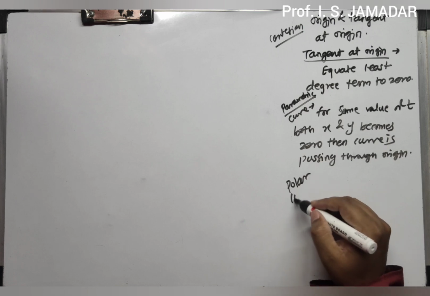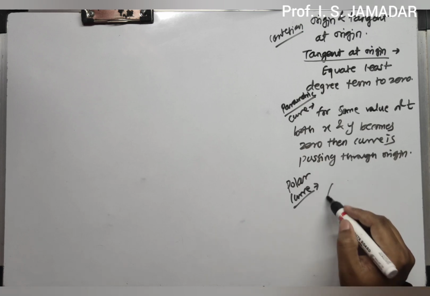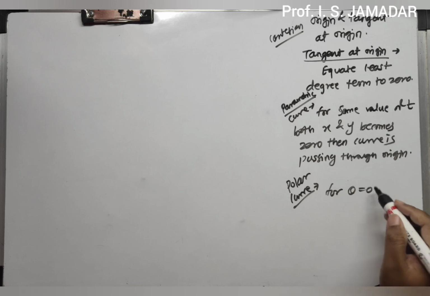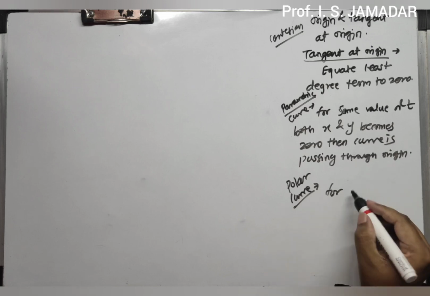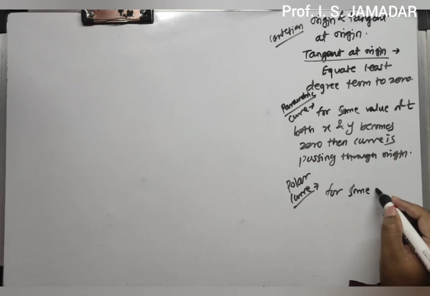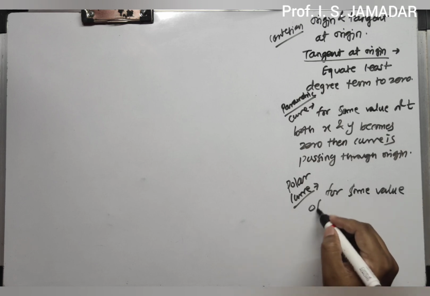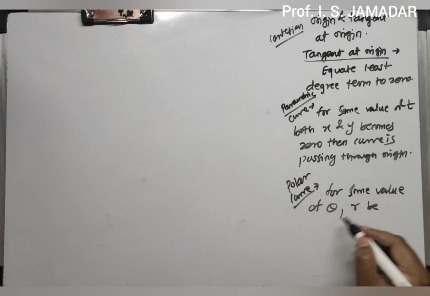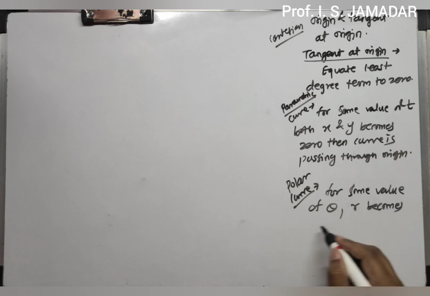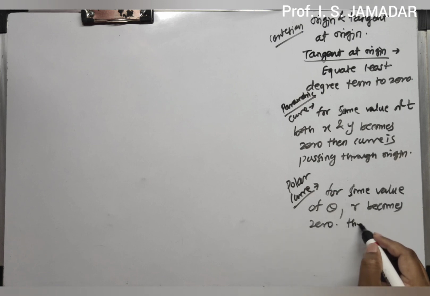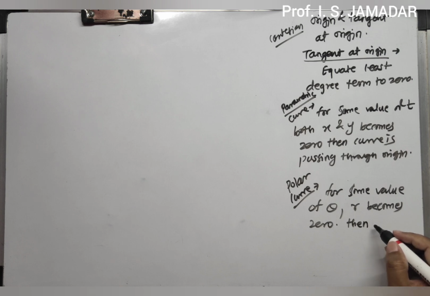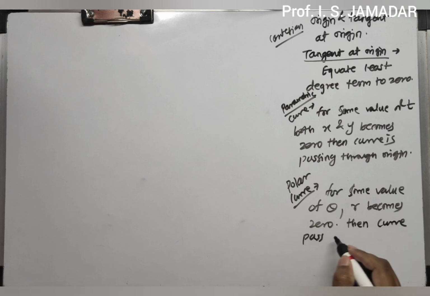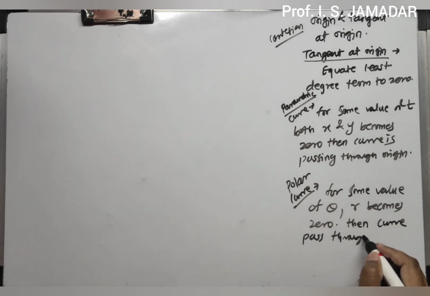For a polar curve, if for some value of theta, r becomes 0, then that polar curve is said to pass through the pole, or we may say origin.